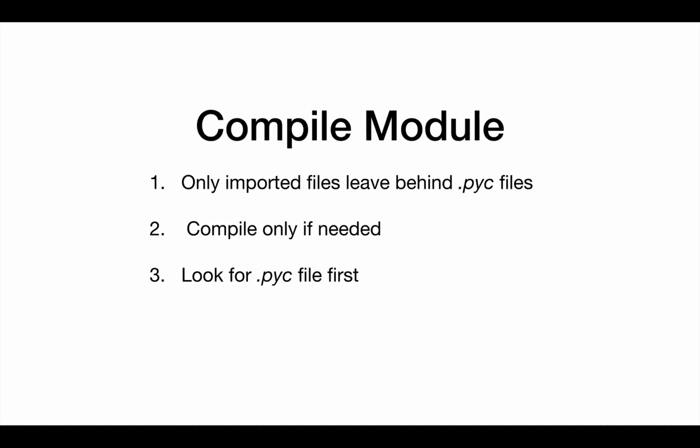So the compile happens only if it's needed. When you import it the first time, it compiles. Thereafter, within your search space, which was in the find module step that we covered, if there is a .pyc file, then that particular compiled file is used first. Actually, before it's even used, it's checked.